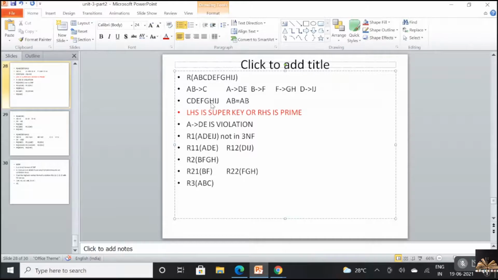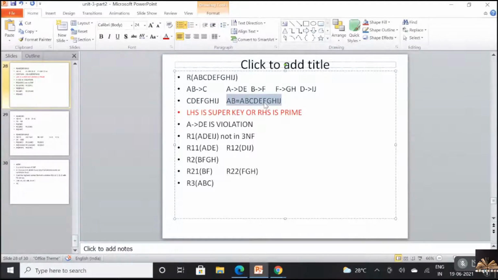AB gives me AB. AB together is giving me C. A individually is giving me DE. DE is giving me F. F is giving me GH. And D is also giving me IJ. Fine. Is it okay?